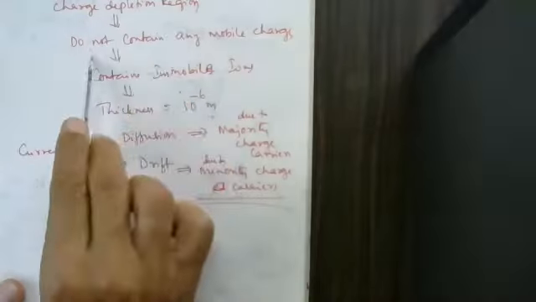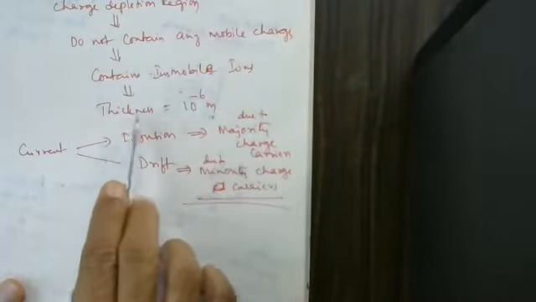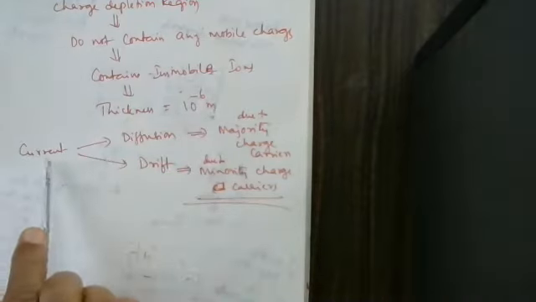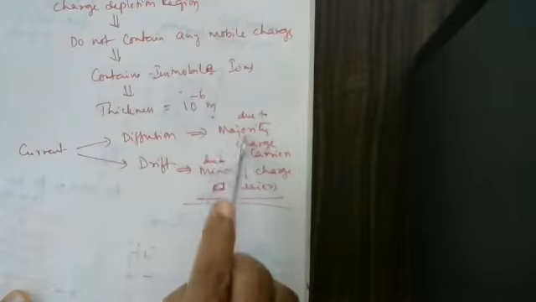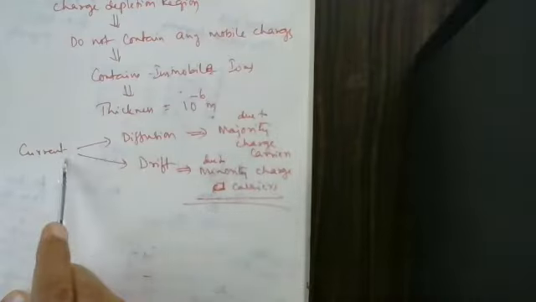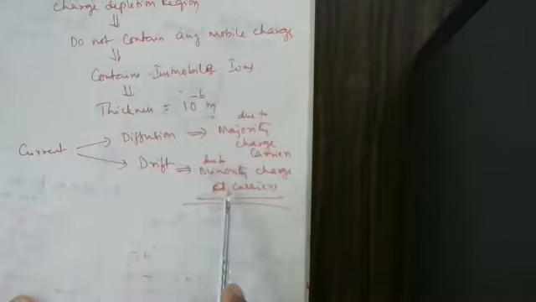The charge depletion region does not contain any mobile charges, only immobile ions. The thickness is 10 to the power minus 6 meter. Two types of currents exist. One is the diffusion current, due to majority charge carriers passing from the N variety to the P variety. The other is the drift current, within the N variety or P variety, where the minority charge carriers combine and produce another small current.